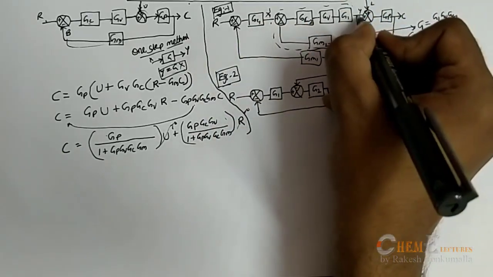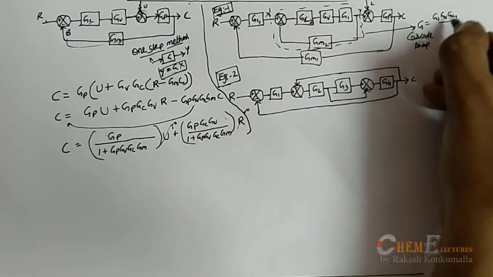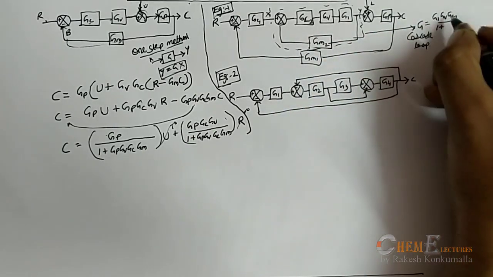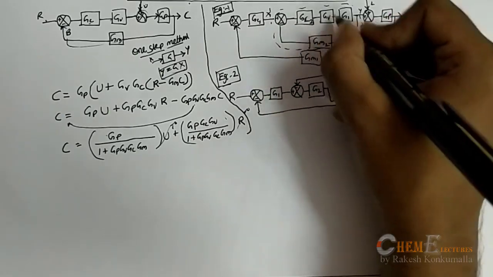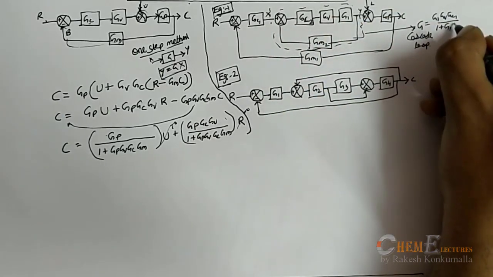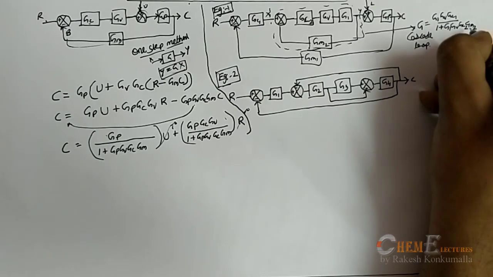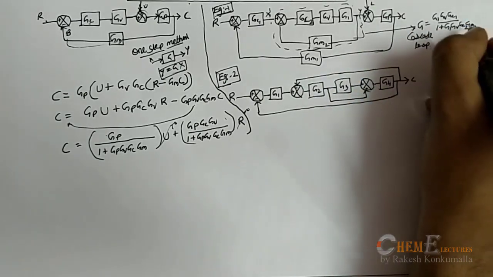So whatever is coming in this path of y to x, that transfer function, by 1 plus, because it's a negative feedback control loop, divided by all the transfer functions in the loop, G1 GV GC2 GM2. So this will be my G.